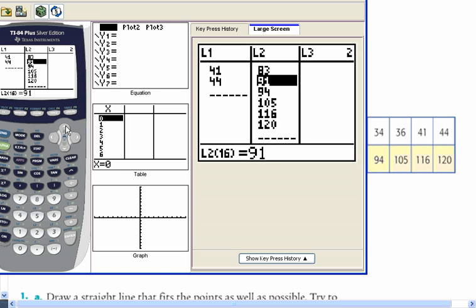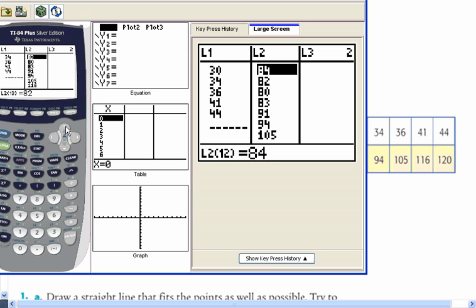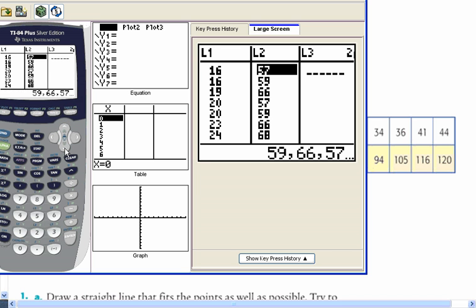I should have, according to the problem, 16 numbers, and it appears like I have quite a bit more than that. So I'm going to go up to the top and see what the problem is. So I have 57, 59, 66, 57. Oh, there it was.